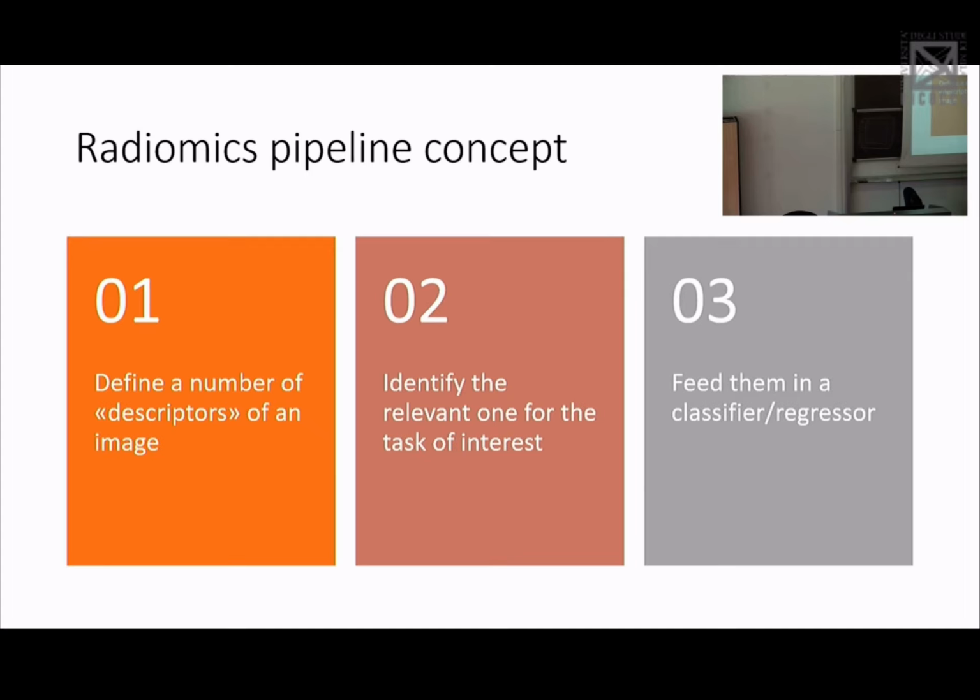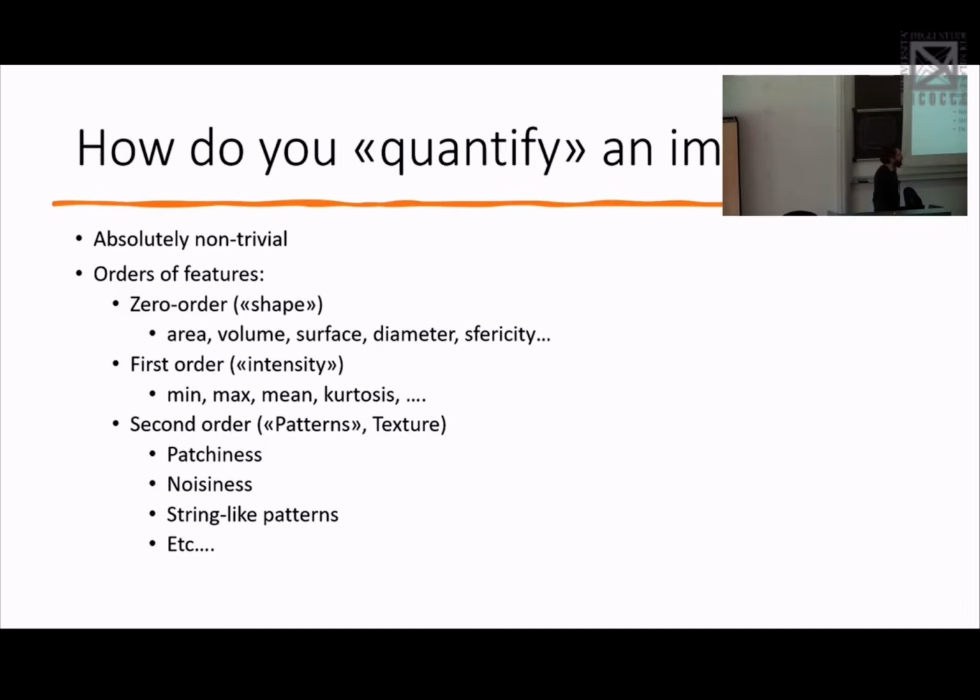And finally, you just do what probably as data scientists you did already hundreds of times in the most different fields. You feed all the numbers that you have in some classifier or regressor. The question is, how do you quantify an image? And it's non-trivial, absolutely non-trivial.